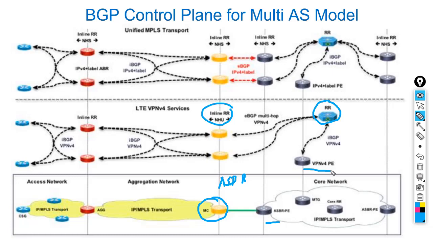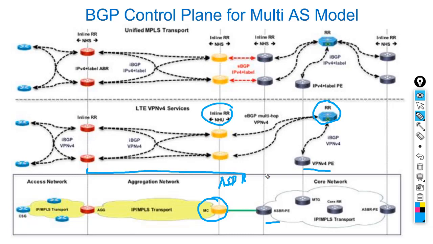The VPN prefix from the PE router in the core network is advertised to the RR router. The VPN prefix then will be advertised from the RR router to its EBGP neighbor, that is the metro core. By default, because this is an EBGP neighbor, the RR router will change the next hop to itself.